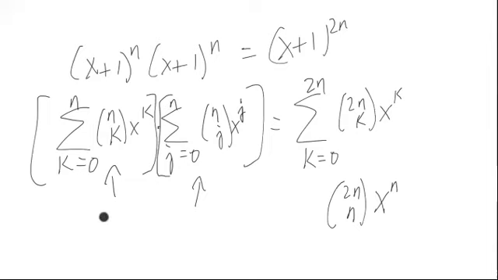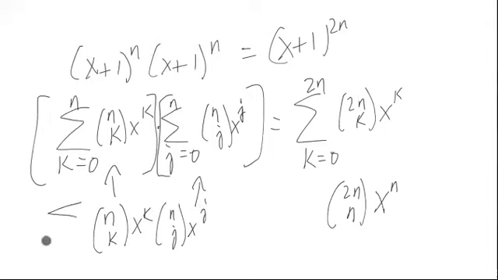We're going to be pairing something over here with something over here such that k plus j is n. Let's write that as k plus j equals n.